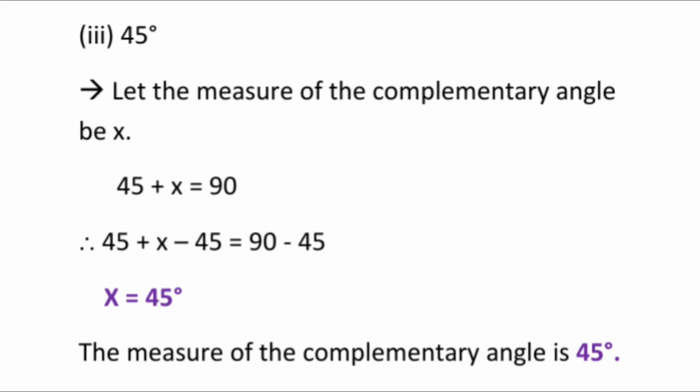Third one, 45 degrees. Again same, let the measure of the complementary angle be x. Then 45 plus x is equal to 90. Then subtracting 45 from both the sides, we have x is equal to 45. Then the measure of the complementary angle is 45 degrees.